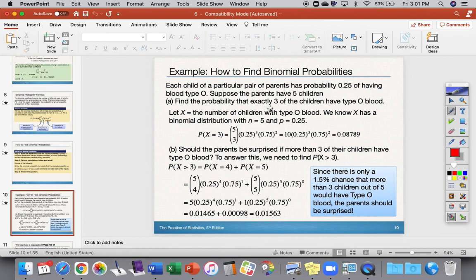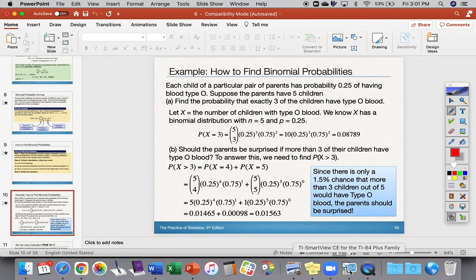Now it says more than 3. What does that mean? That means 4 or 5. Probability says when things are "or," you add them. So I find the binomial answer for 4 type O, I find the binomial answer for 5 type O, and add them together.